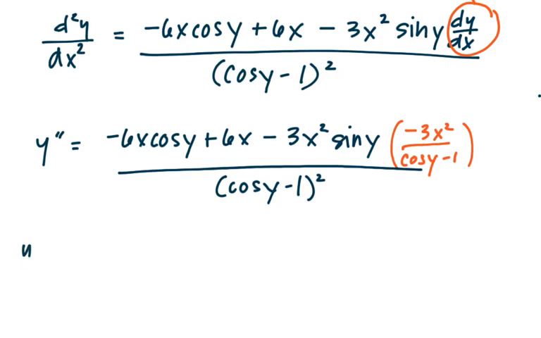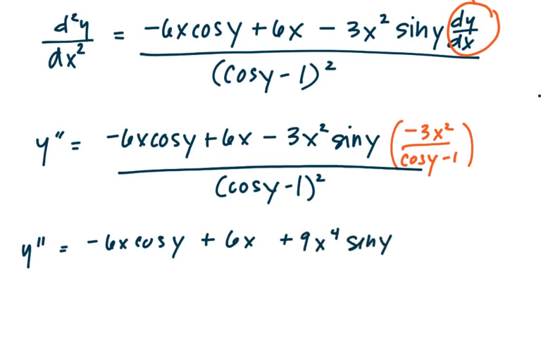So now that we're into the algebra meat of the problem, it's just a bunch of simplifying to clean it up. This is going to turn into 9x to the 4th sine y over cosine y minus 1.